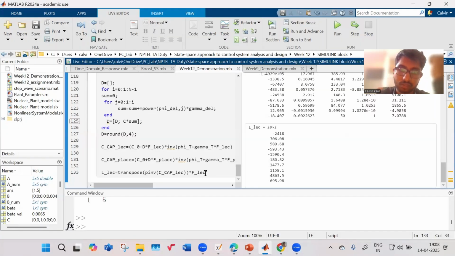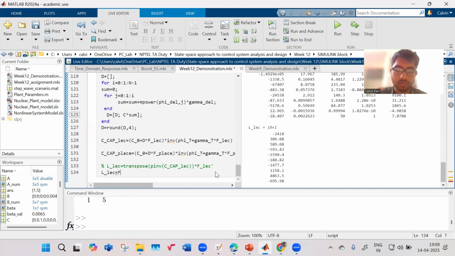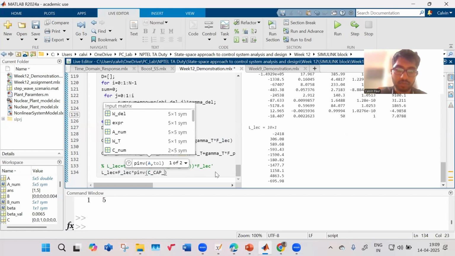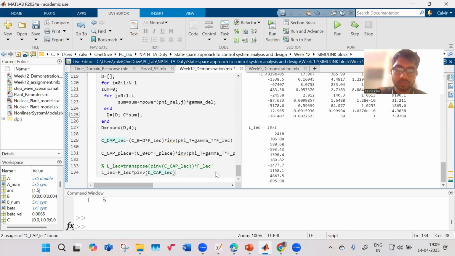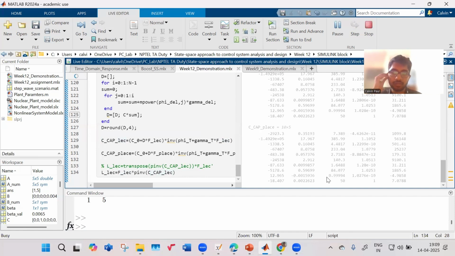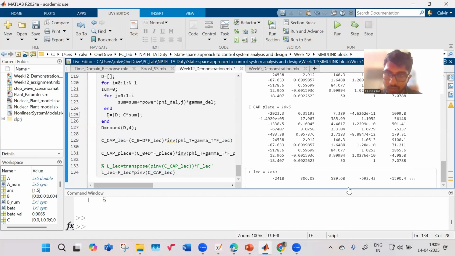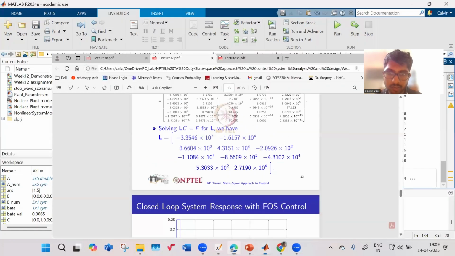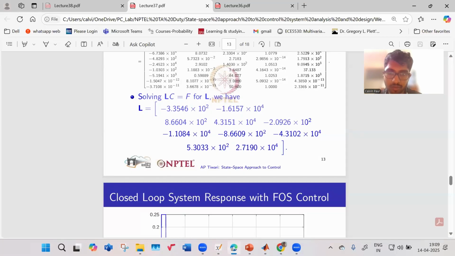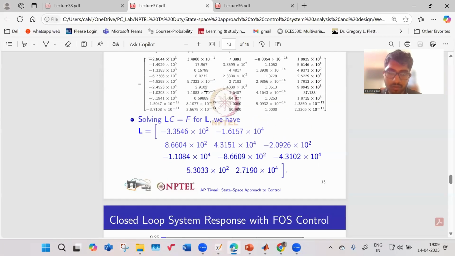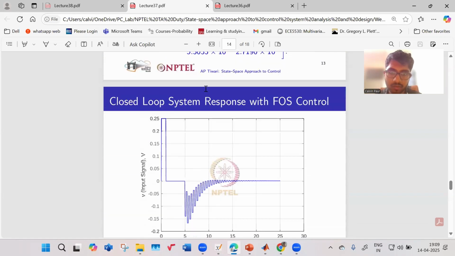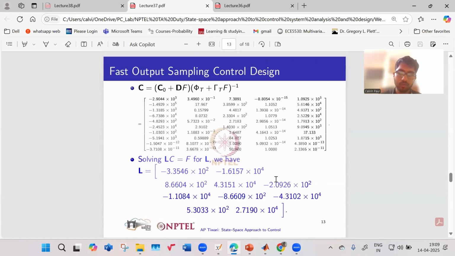We have to see what has caused this issue. Let us do it. So lecture into P inverse C underscore cap underscore lecture. Coming out to be similar. We'll have to observe.